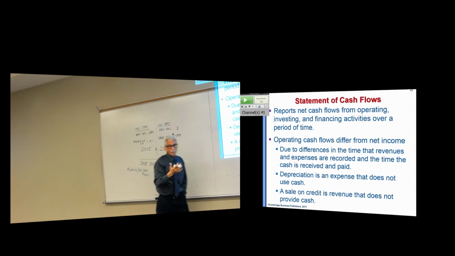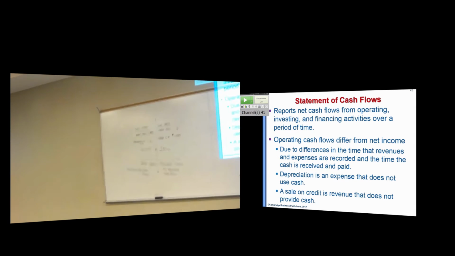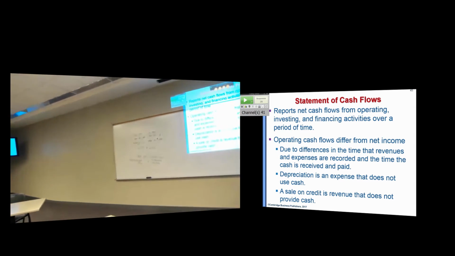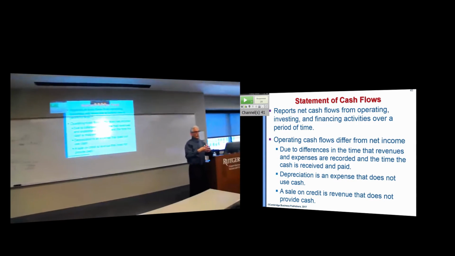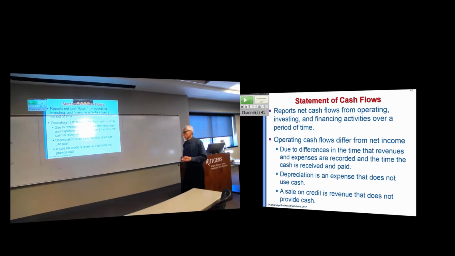So the point of this simple example is to make sure you're very clear that earnings and cash flow are not always in sync. And that's true with you as well, as an individual, right? You work this week, but your paycheck comes next week. Use a credit card. Doesn't mean you don't have an expense, you just didn't pay for it. So it's the same logic.